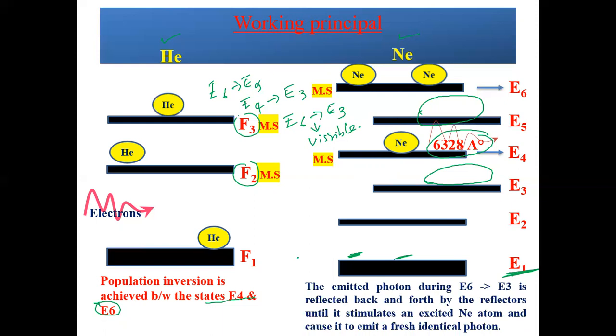That means this emitted photon again stimulates another neon atom which is present in the E6 energy level. This process occurs continuously and we get a continuous wavelength at the output of the helium and neon gas laser. This is the complete working principle of the helium and neon gas laser.